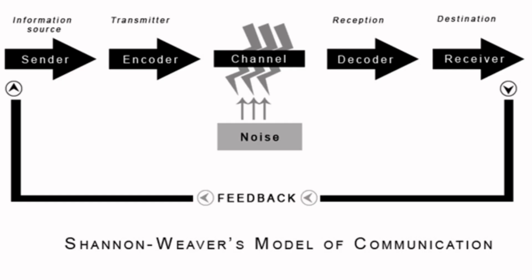In that model, you can see the source, the transmitter, the channel, the receiver, and the destination. Also, you will see in the next line the message, the signal, the perceived signal, and of course, the message. And you can also observe noise, which we now consider one of the barriers to communication.